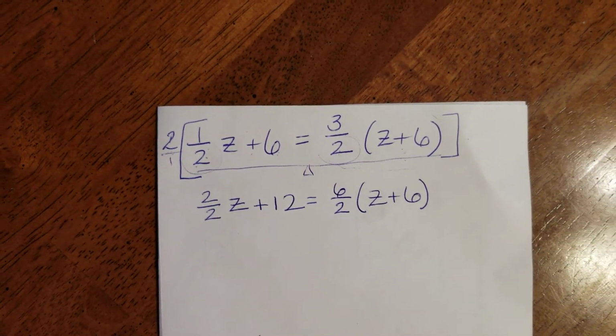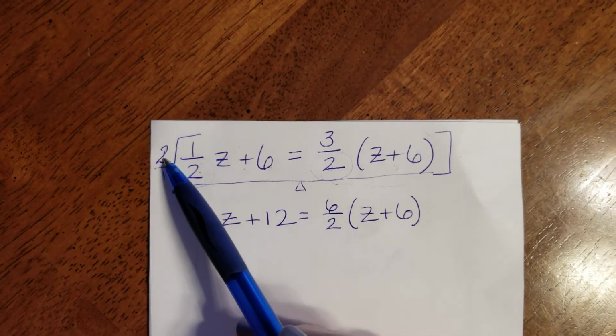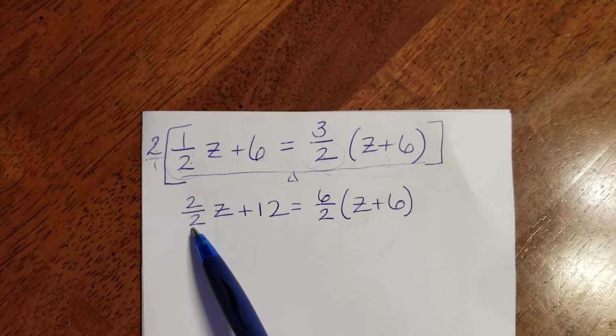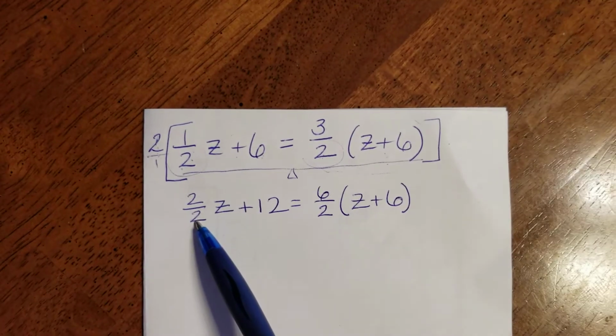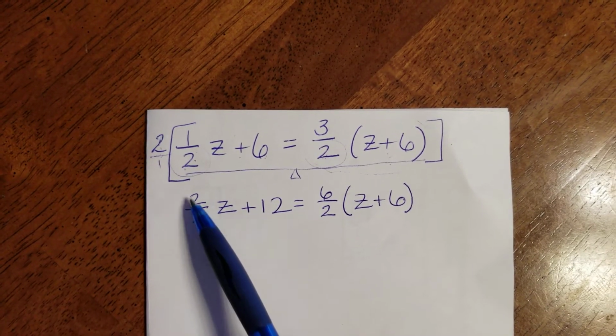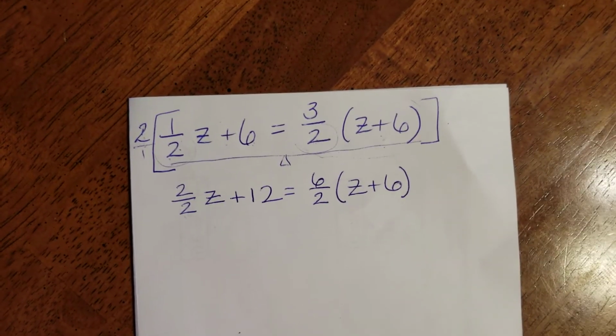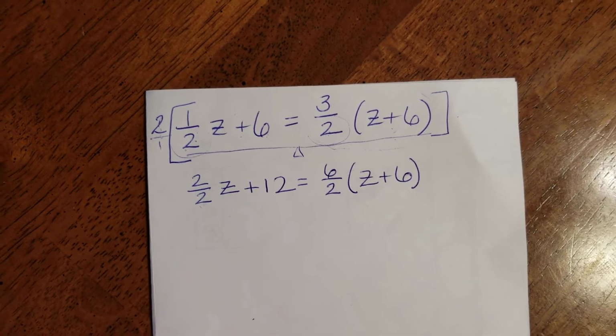Now we can simplify. The whole reason that we multiplied by 2 was because we wanted to be able to divide. See, now we can divide and simplify these fractions, which will help us eliminate them.